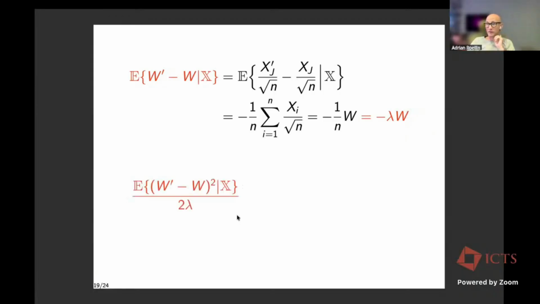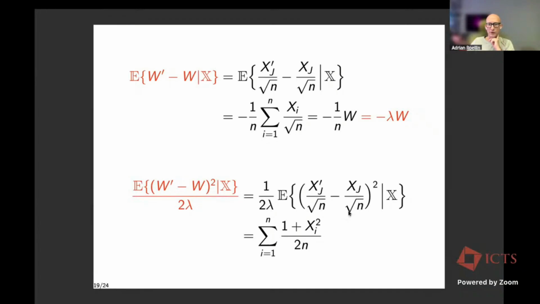Okay, let's look at the squared version of that. We can do a similar calculation. Maybe in the interest of time, I don't want to go through it, but what you can see here, you get the sum of 1 plus x i squared over 2n, and that is not a function of W here. You cannot just replace x by W here. This is a function of x.